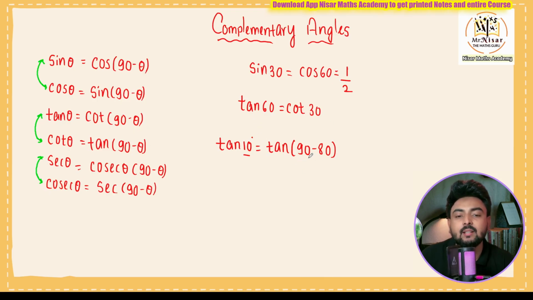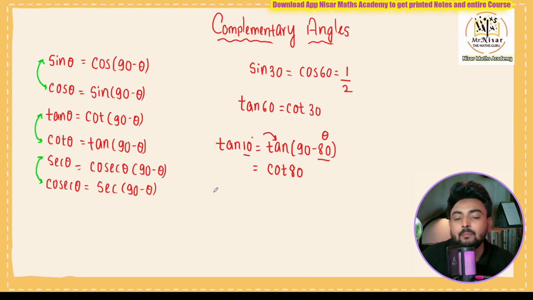And we know that tan 90 minus theta becomes cot theta, so here the value of theta is 80. So cot 80. You can understand that tan 10 is equal to cot 80. This is the way to write it.